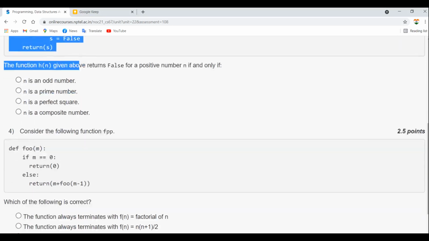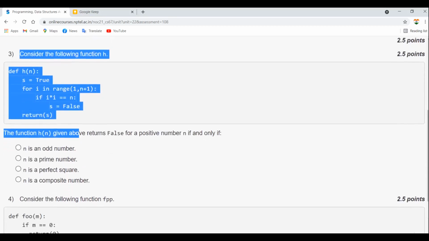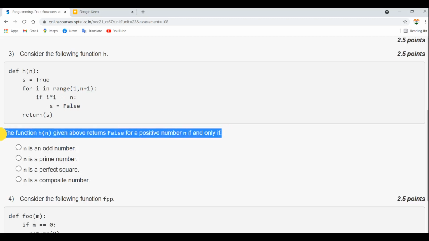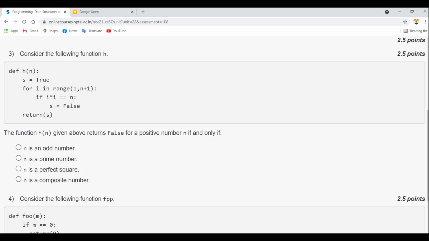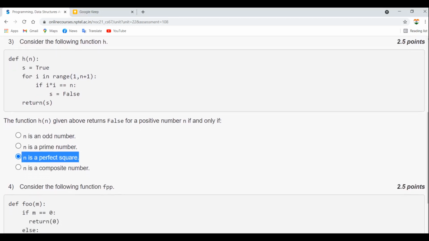The function given above returns false for a positive number n if and only if, and the answer is n is a perfect square. Option number C. Question number 3 answer is option number C: n is a perfect square.